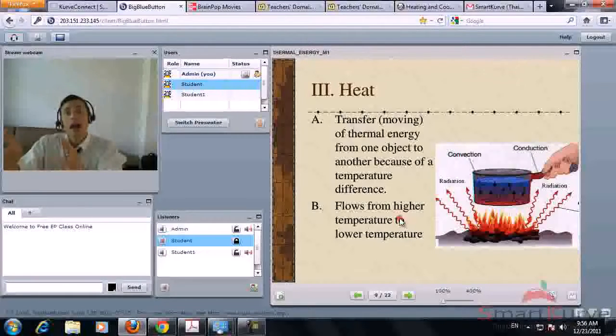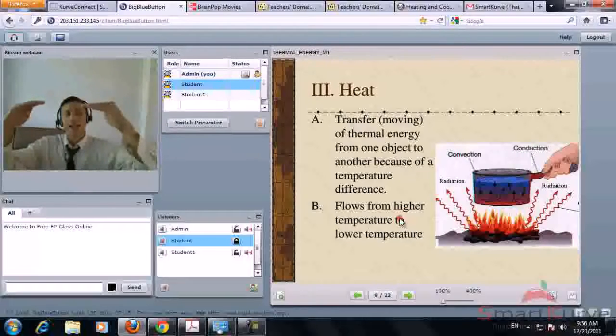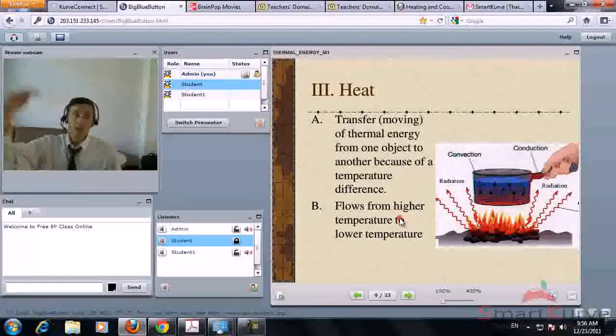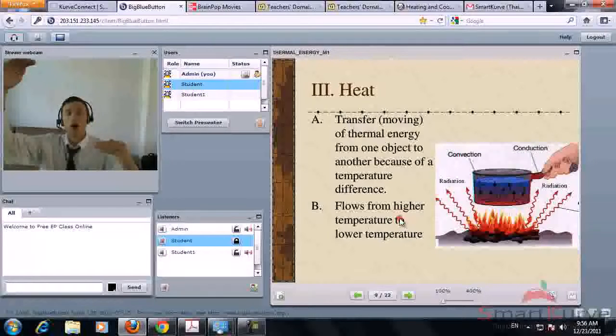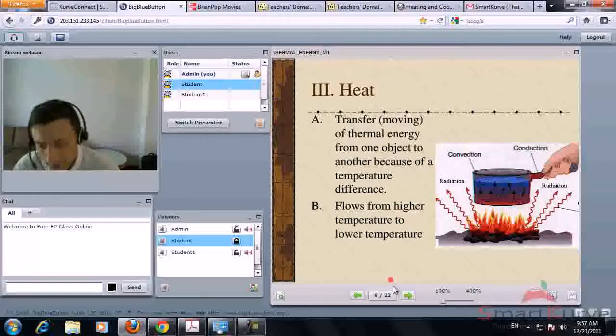We go from an area of very high energy to areas of very low energy. The energy will tend to balance and even out. So if one area is very high energy, one area is very low, heat is going to flow from areas of high temperature to areas of low temperature until we achieve a balance, a stasis. All right, let's move on.